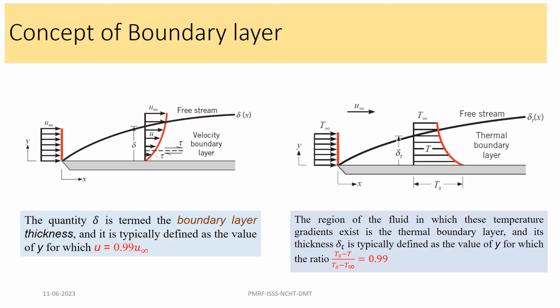So the concept of boundary layer was discussed in the previous class. You can see 2 figures here. How does boundary layer growth or boundary layer formation happen? This is a case of forced convection.